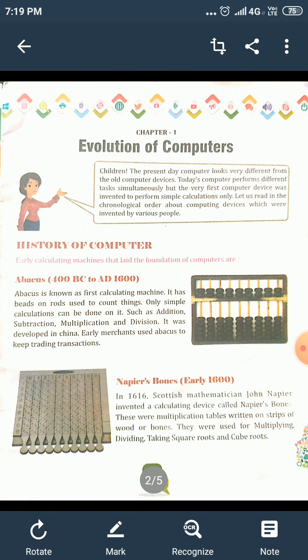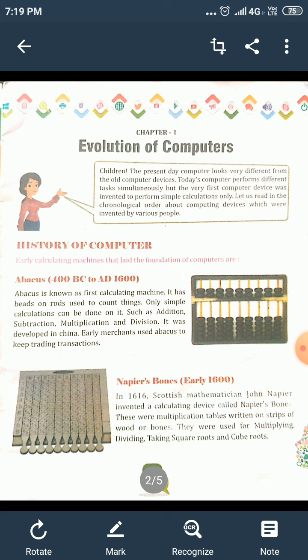This device can do simple addition, subtraction, multiplication, and division. It was developed in China about 3000 years ago, and early merchants used this to keep the record of their trading transactions.